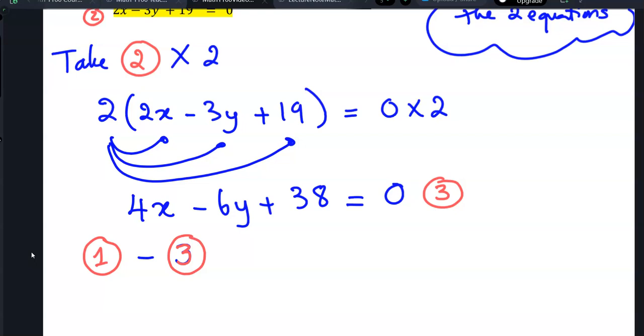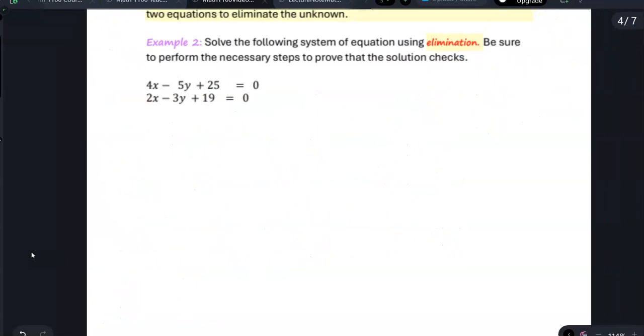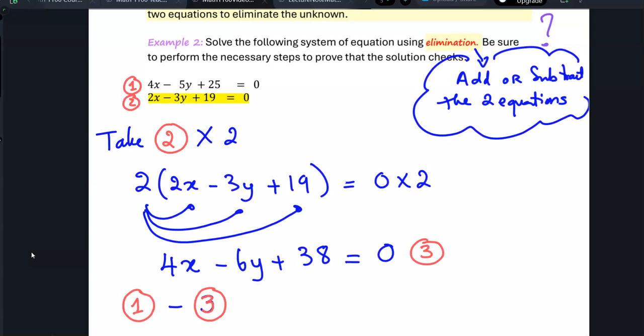So at this time, you probably want to ask me this question: why do I take equation number 2 and multiply by 2 instead of multiplying by any other number?